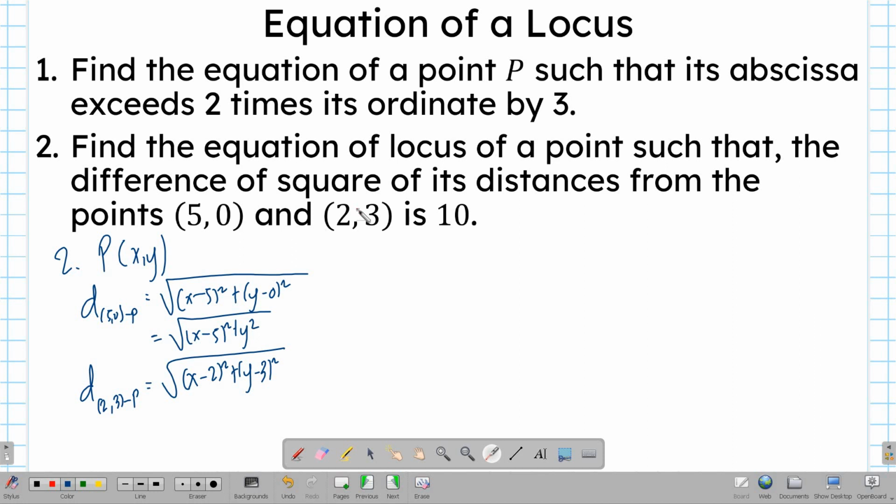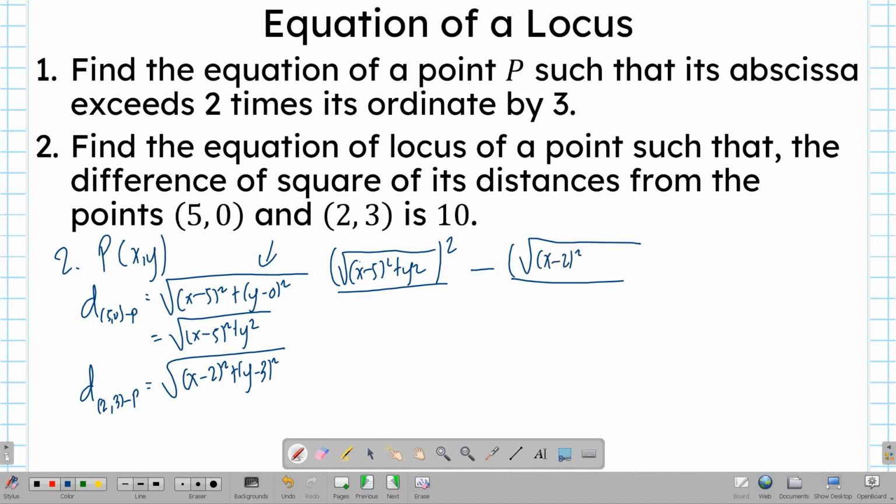Ayan. Pero ang sabi, the difference of the squares of the distances. So, isi-square mo yung distances, difference daw, diba? So, difference nung squares nito. So, ito daw, x minus 5 squared plus y squared, ay isi-square mo, ito din.